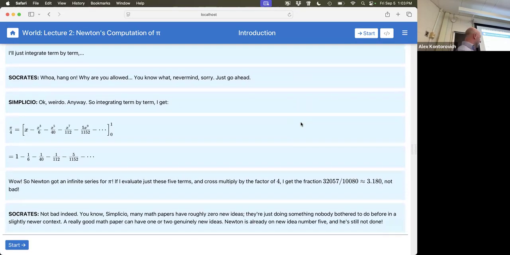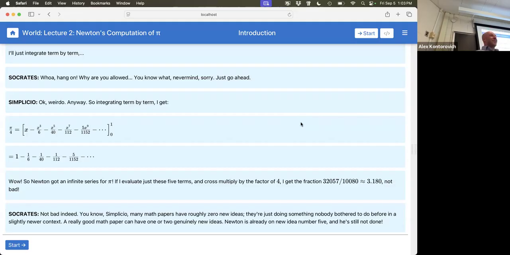You know, it's true. What Socrates says is there are a lot of math papers that have basically 0 ideas. You just do something that nobody has done before, but you combine things that everybody already knows and nobody bothered to do before, and here's the paper. A really good math paper can have like 1 really genuinely new idea, maybe 2.